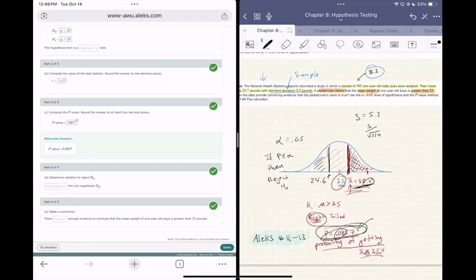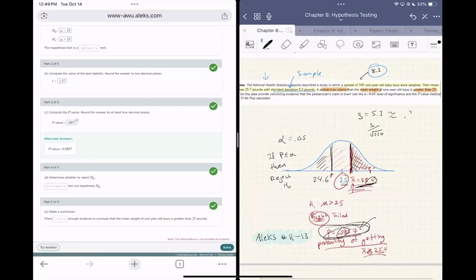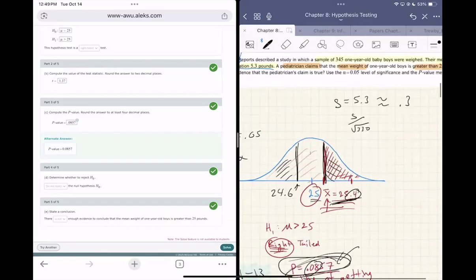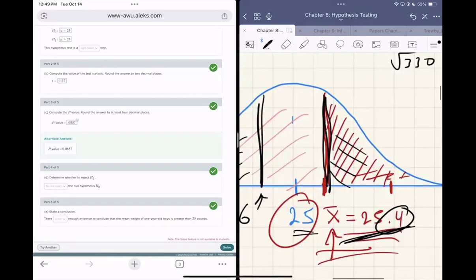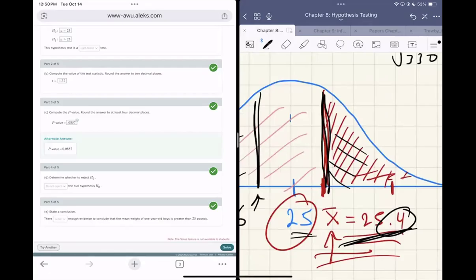The square root of 100 is 10. This is 10 times 3, so that's going to be like 17. So this is going to be about 0.3. We're about 1 1/3 standard deviations away. This is not drawn to scale, but one standard deviation would be about 0.3, and we're at 0.4.